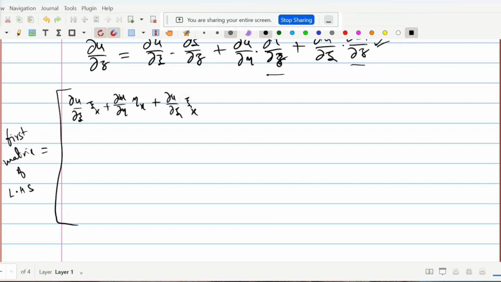This is your first term. And what are the other terms? ηx for this here, ζx.